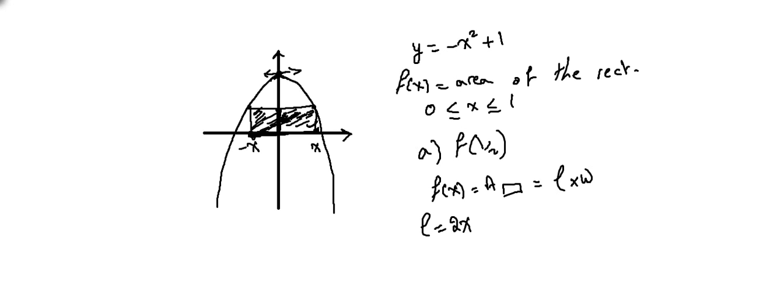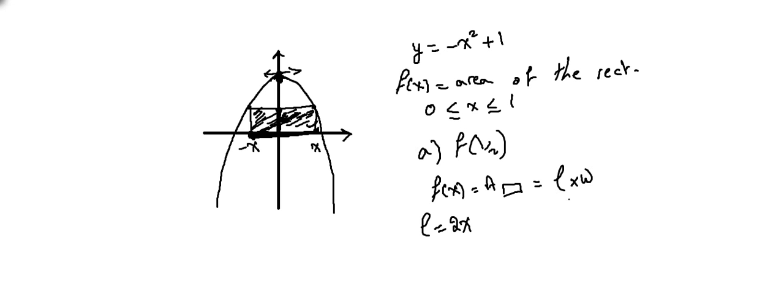What is the height of this rectangle? We don't know how much this height is. We know that exactly the width is double x, because he told me the two vertices are minus x and x. But the height might take all the parabola up to here, right? It will take all the parabola till the end.